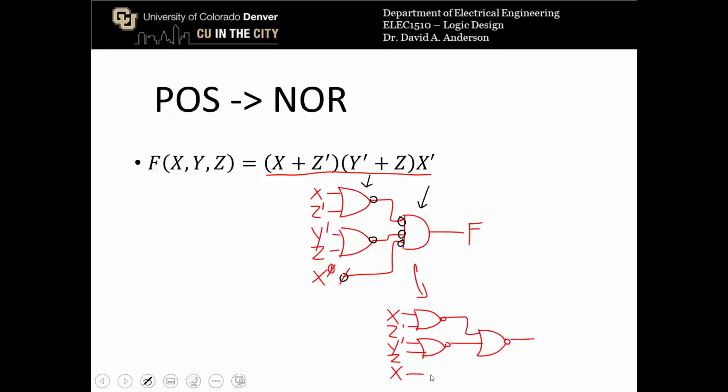And I ultimately end up with the same circuit that I had derived on the previous slide. So you can perform the transition from a product of sums implementation either algebraically or visually by adding bubbles, just like we were able to transition from sum of products into NAND circuitry either algebraically or visually.